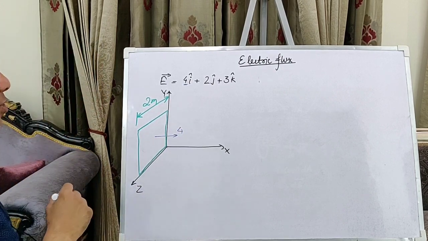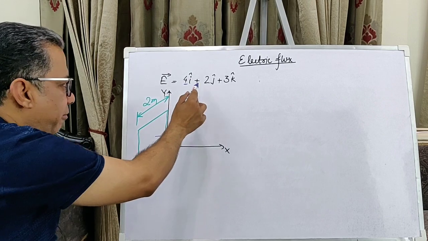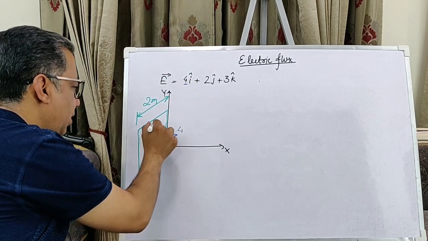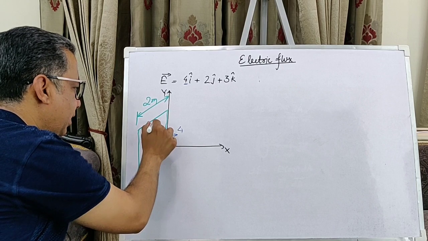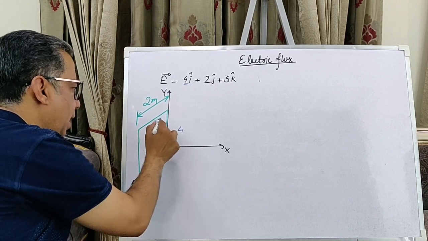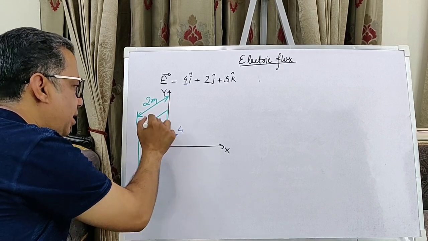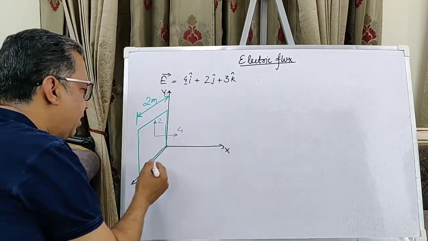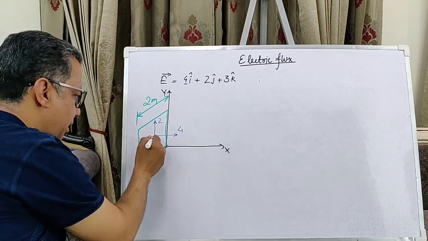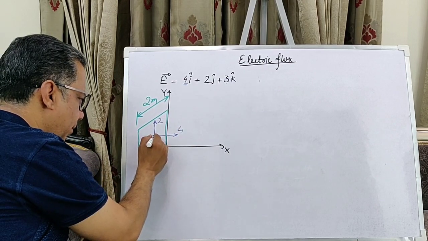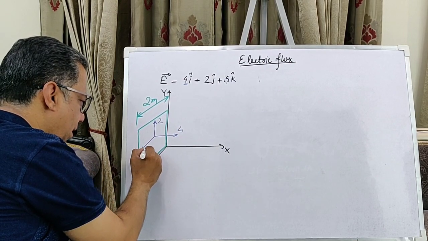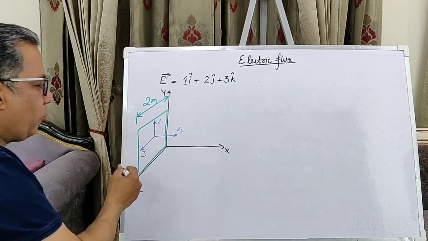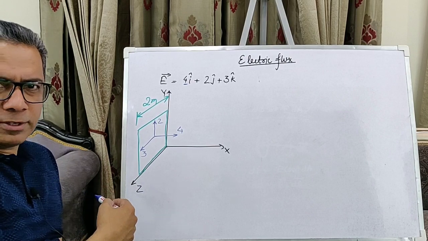The y component, which is 2 in magnitude, is in the upward direction like this, and this component is tangential to the surface. Looking at the third one, 3, that's in the z direction, and this component, having a magnitude 3, is also tangential to the surface.